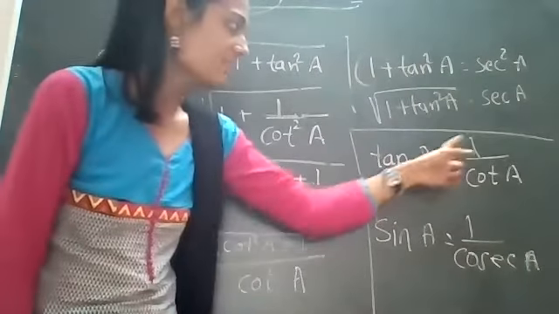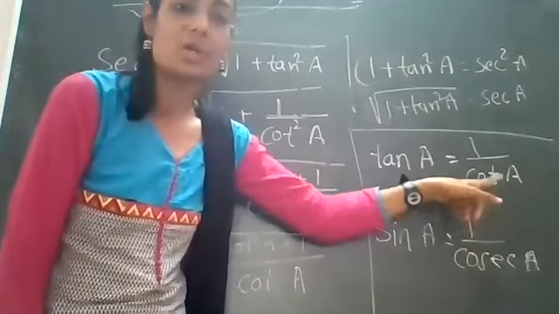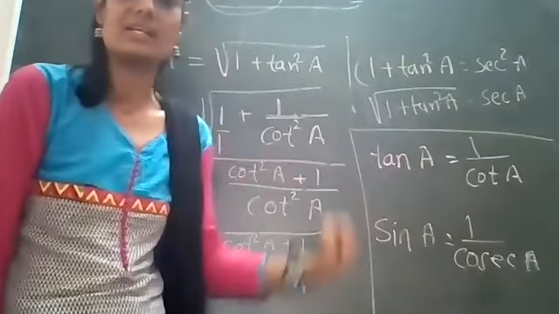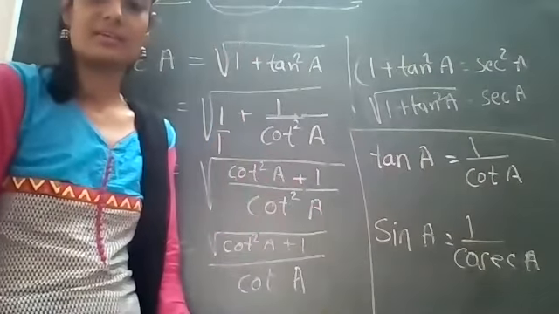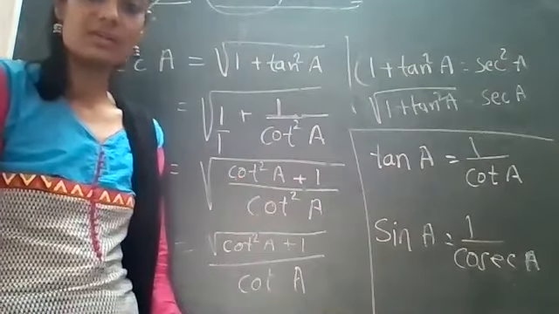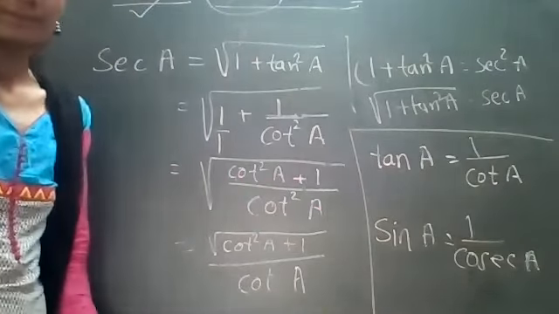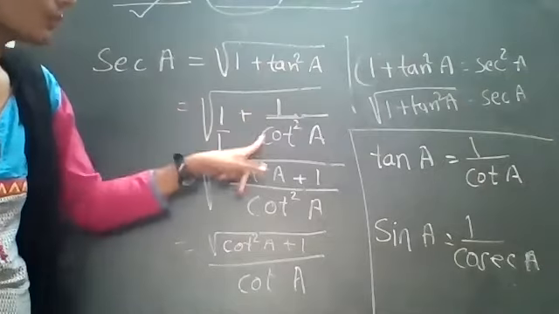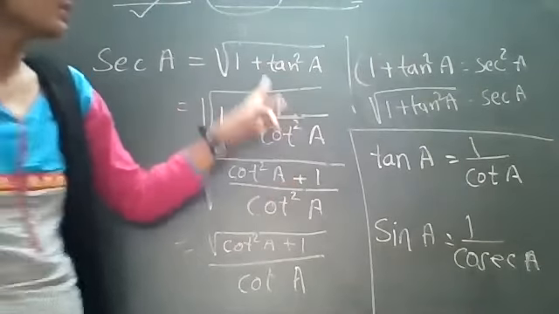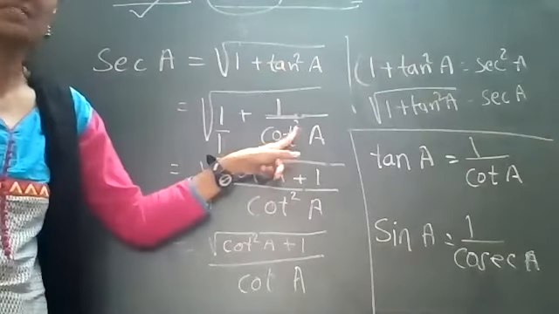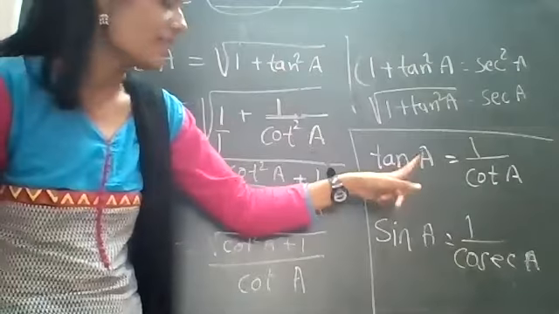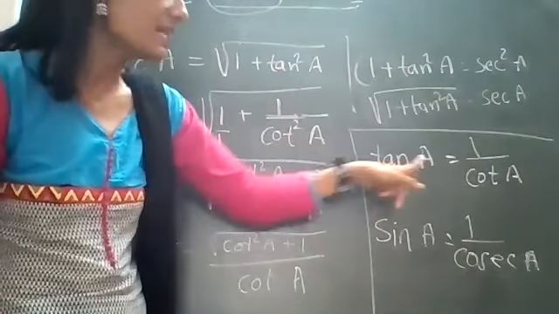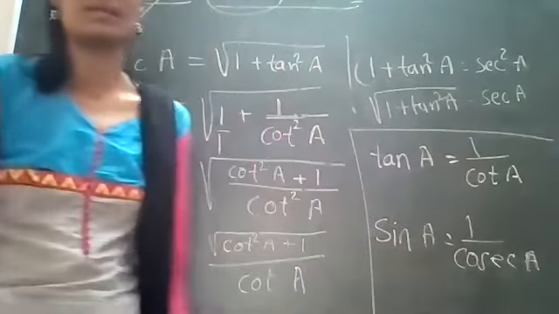So tan A is a reciprocal of cot A, or cot A is a reciprocal of tan A. Right or not? Here also we have used tan A is equal to 1 upon cot A. So here tan square is there, so we have taken a square. And here only square is not there, so we have written tan A is equal to 1 upon cot A.